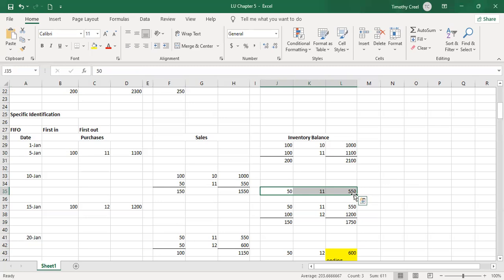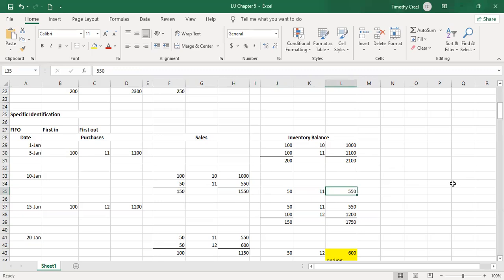Now, one other thing I want to help you with, and you can apply this to any of the methods we're looking at, is notice that the available inventory before the sale is either sold, you see 1,550 of it was sold, or still in ending inventory. You see 550 here still in ending inventory.